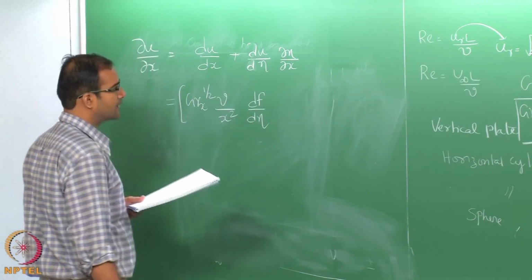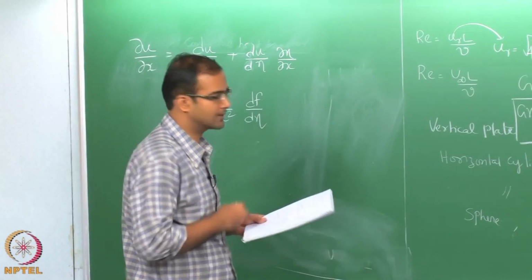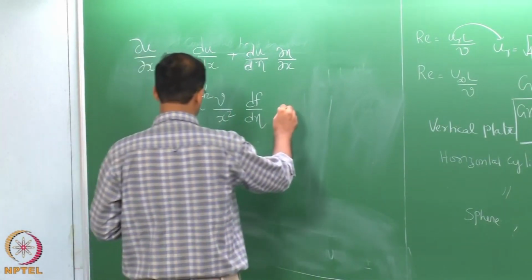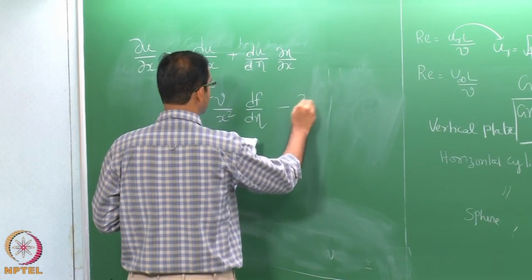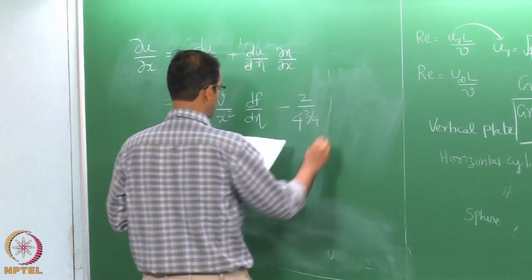so when you write du by dx, that df by d eta will be a constant term. So, that will just come as it is, and from the second term you will have a d square f by d eta square.